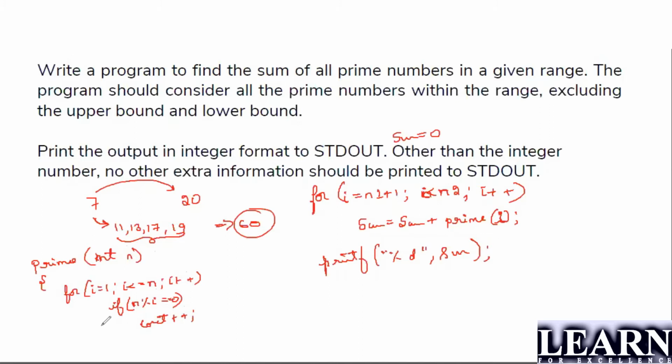After this, we'll check if count equals to 2. If count equals to 2, we will return the number n, else we will return 0.